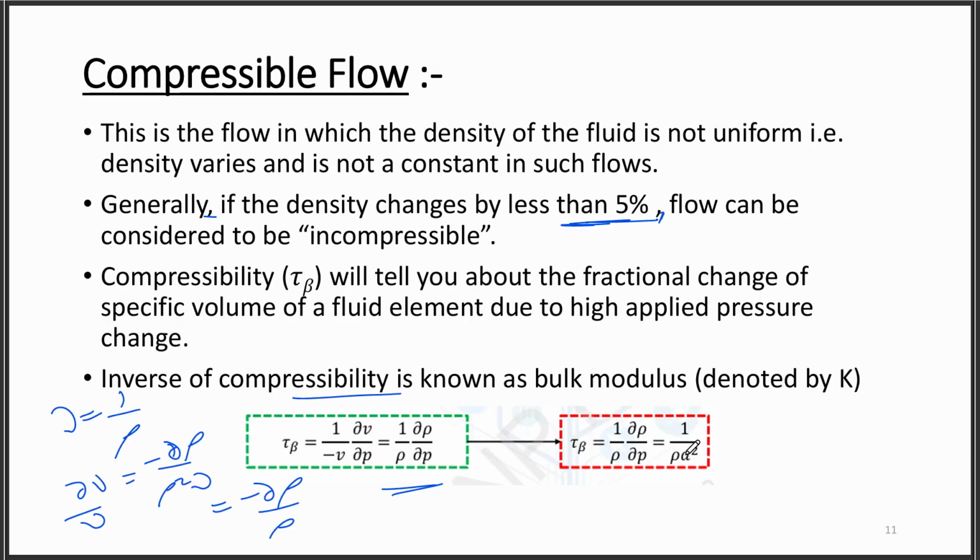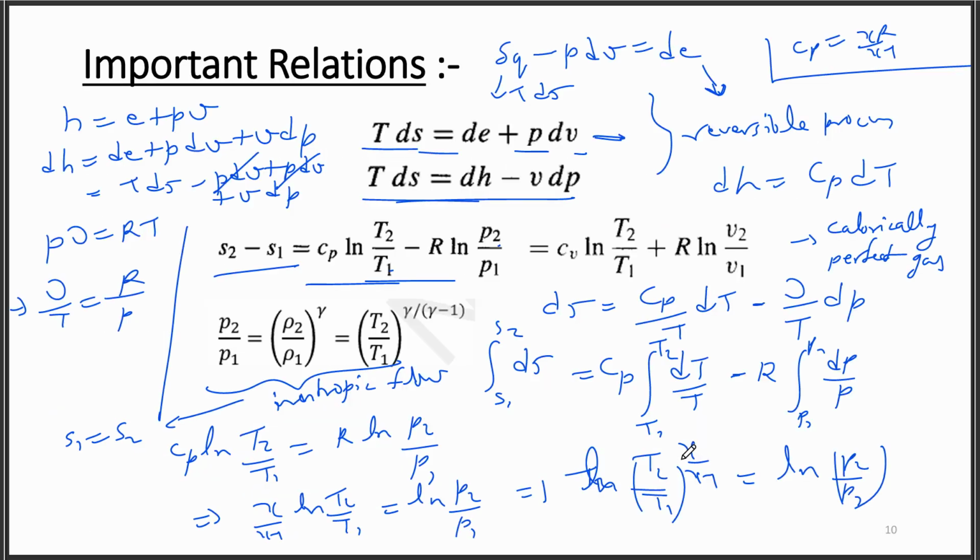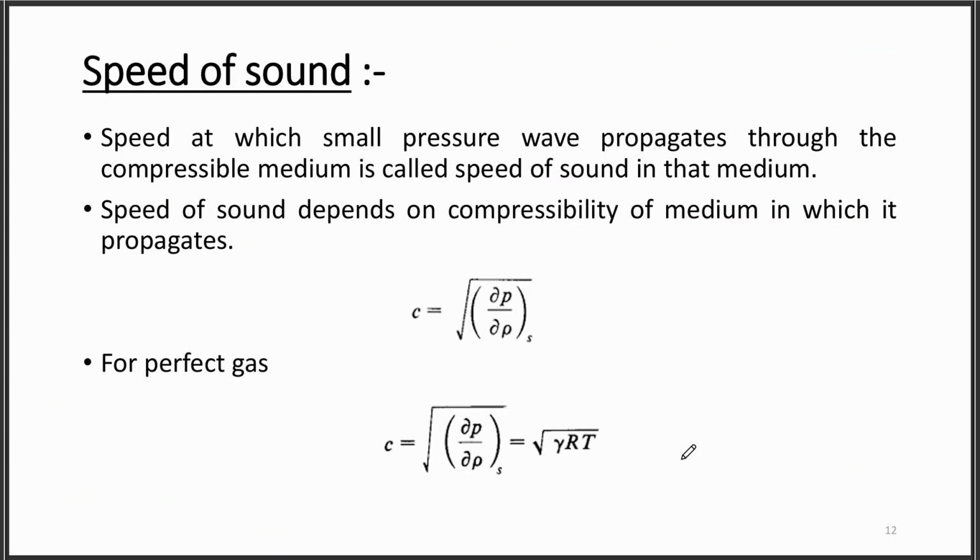Here this a is nothing but speed of sound. So now we'll see what is speed of sound. Speed at which a small pressure wave propagates through the compressible medium is called speed of sound in that medium. So if some pressure is applied, then one wave will travel through the medium.